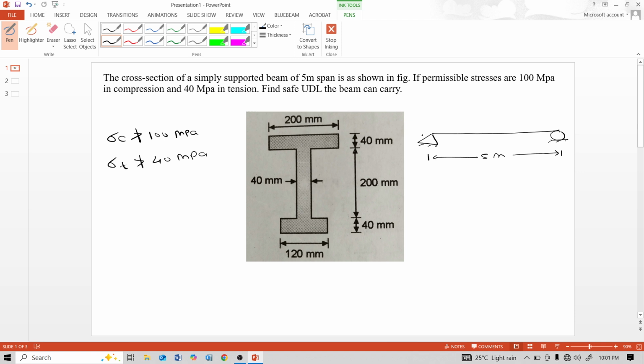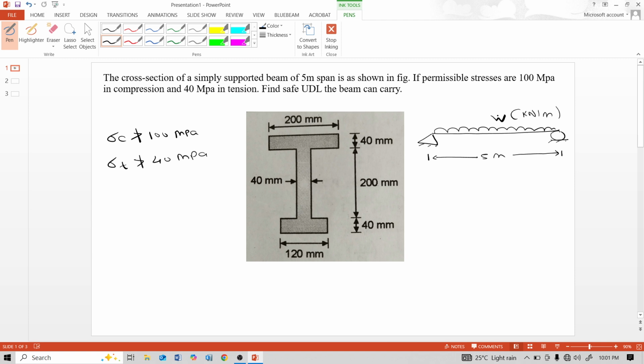Now we have to find the safe UDL that the beam can carry, this uniformly distributed load. Safe W in kilonewton per meter; the unit of this W is kilonewton per meter.